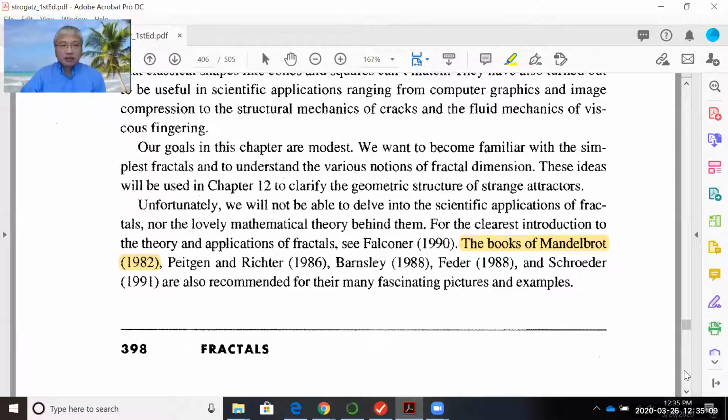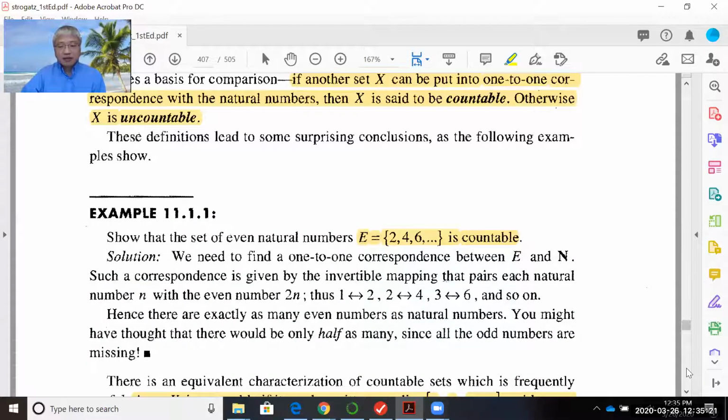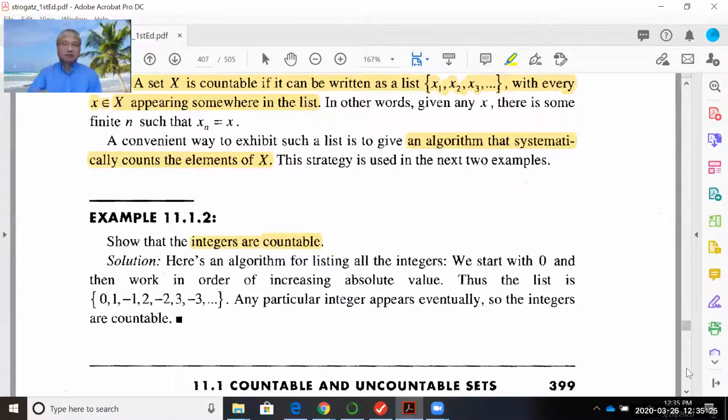The complexity or the pattern or the objects look similar at larger scale and at smaller scale. We started with a simple example, talking about countable and uncountable objects. So what does countable mean?